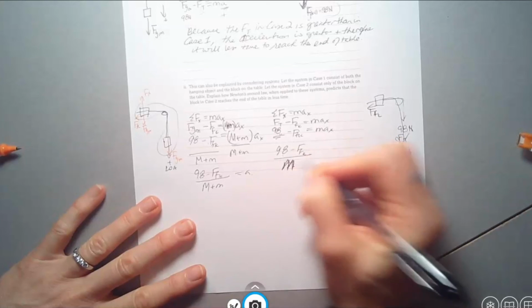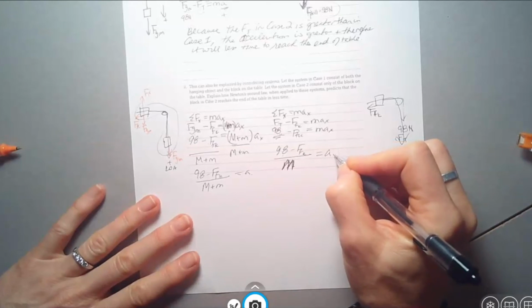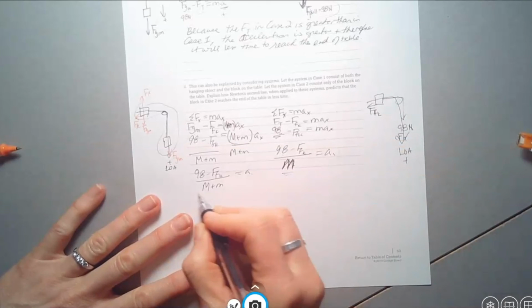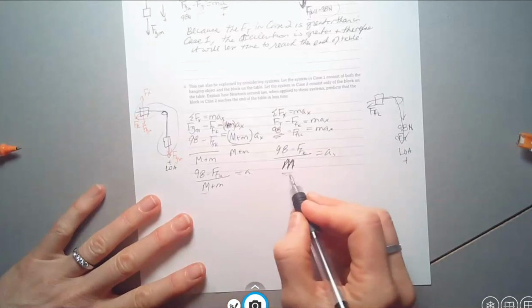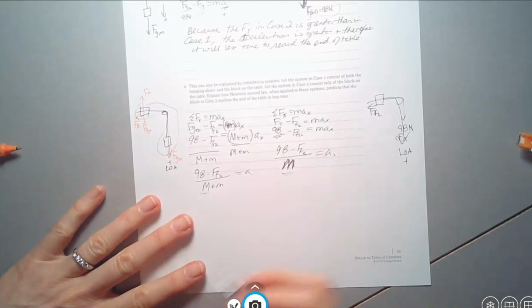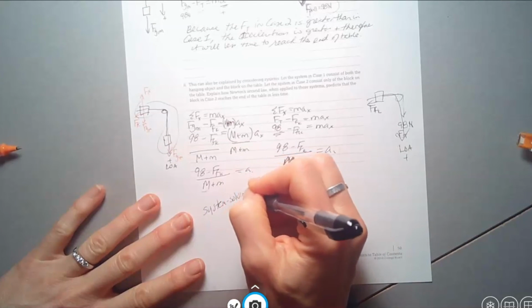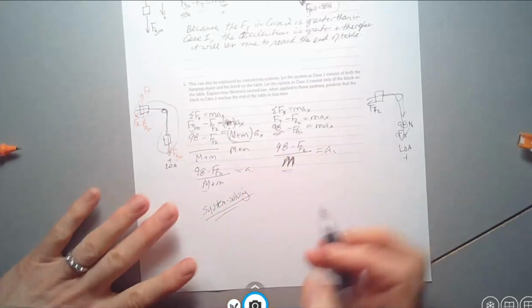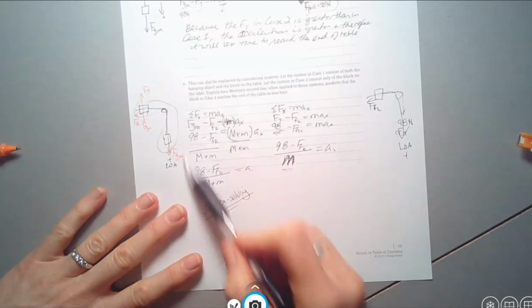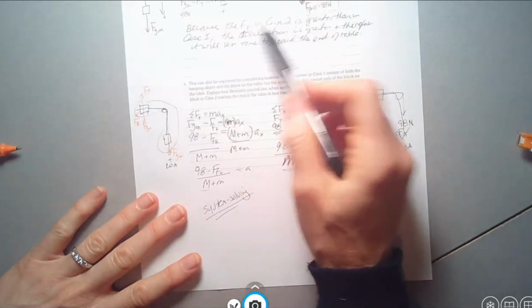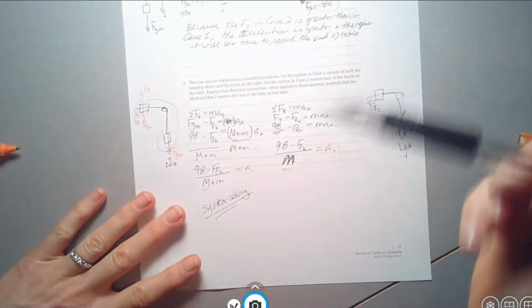Just the mass of the big object. So you're dividing by a smaller value, so your acceleration is going to be bigger. This is called system solving, and it's really a great way to analyze. I prefer this way to this way. This takes a lot more work mentally than looking at the whole thing as one system.